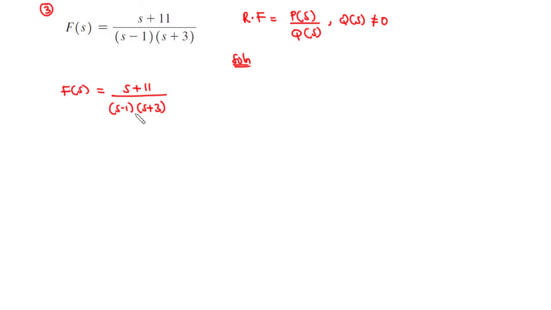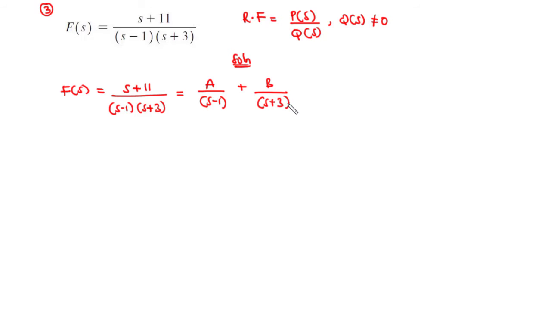Now the denominator has linear factors, and so we can decompose this using the method of partial fractions, so that we have a divided by s minus 1 plus b divided by s plus 3.